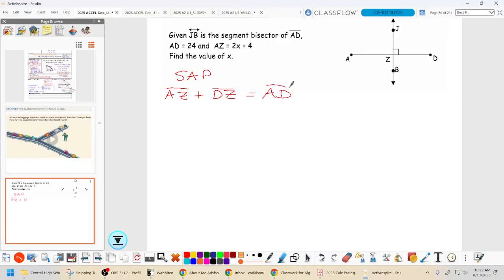So piece plus piece equals total. But the problem is we don't have an expression for ZD. We have 2x plus 4 for AZ, and 24 for AD. And we have this blank right here, but what do we know? Based on geometry properties, what can we plug in right there?